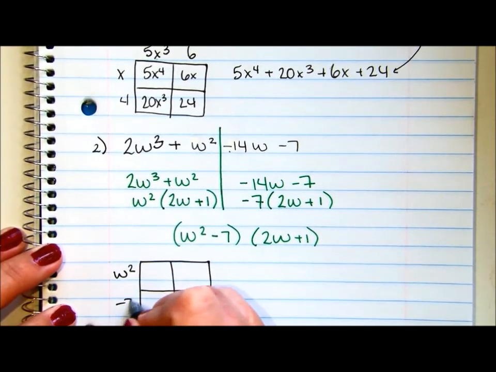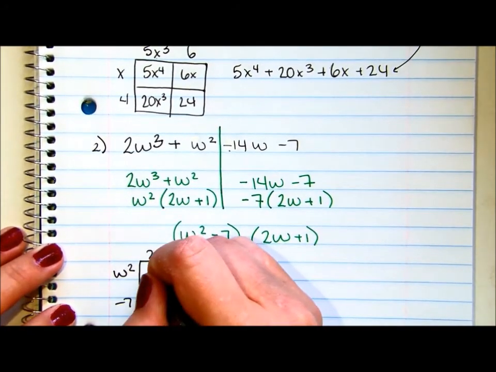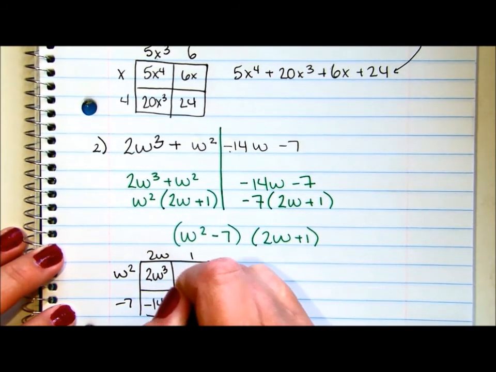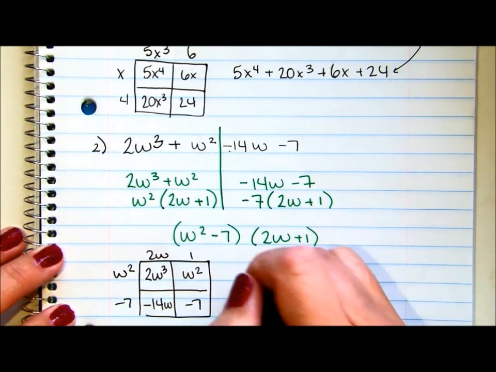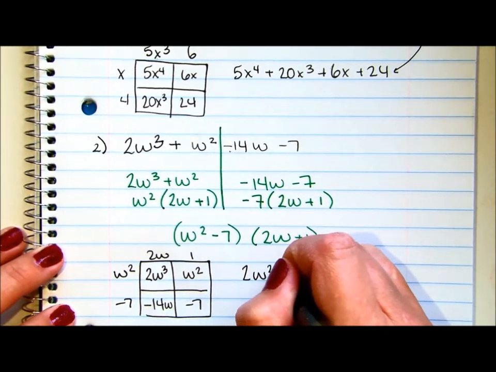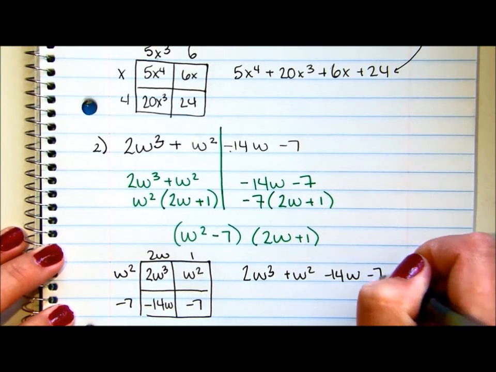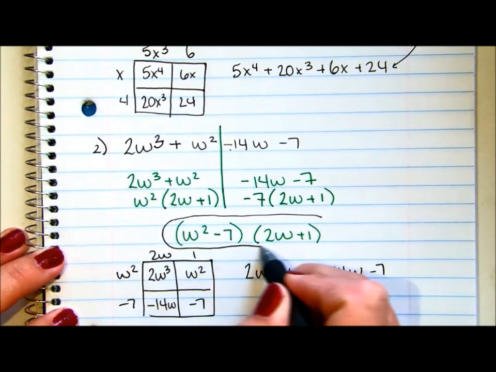When we multiply this, we're going to get 2w to the third, -14w, w squared, -7, and once again, everything matches. So, because it all matches, we know that w squared minus 7 and 2w plus 1 is our final answer.